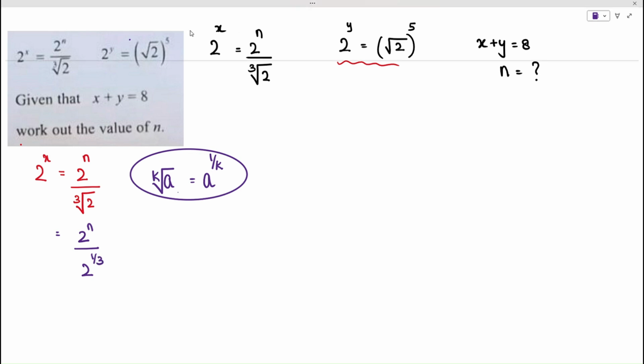The next surd rule that we're going to use is a to the power of b divided by a to the power of c is equal to a to the power of b minus c.